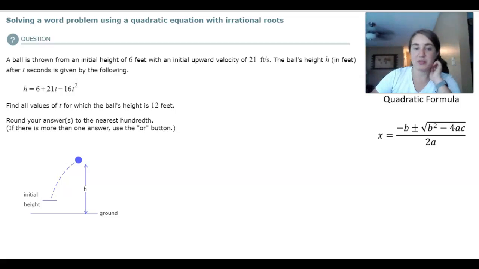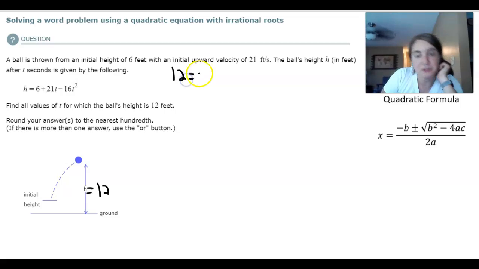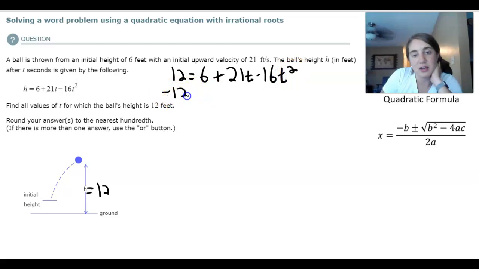So it essentially wants to know when the height is 12, or when h equals 12. So 12 equals 6 plus... I'm going to make one side equal to 0 and put it in standard form.